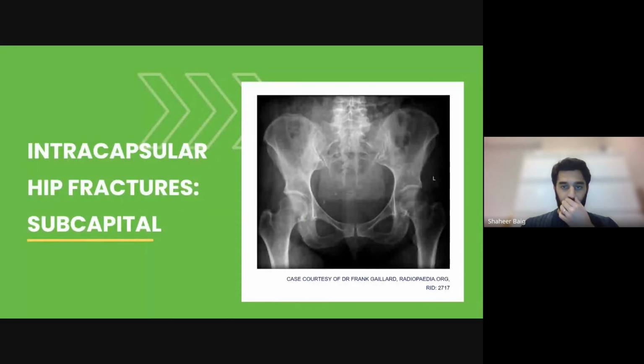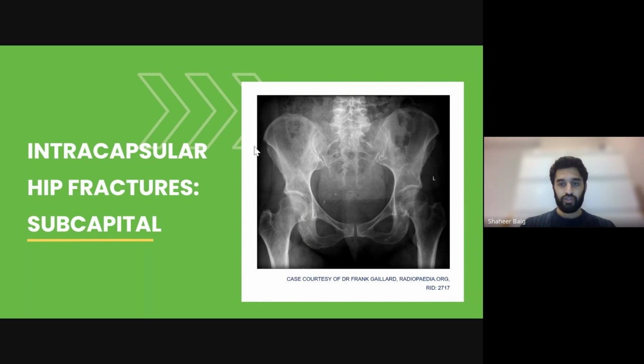Looking at the common pathologies, working our way proximal to distal, we have different types of neck of femur fractures. This is what we call a subcapital fracture, which is a fracture within the capsule, and the most proximal form of a neck of femur fracture.